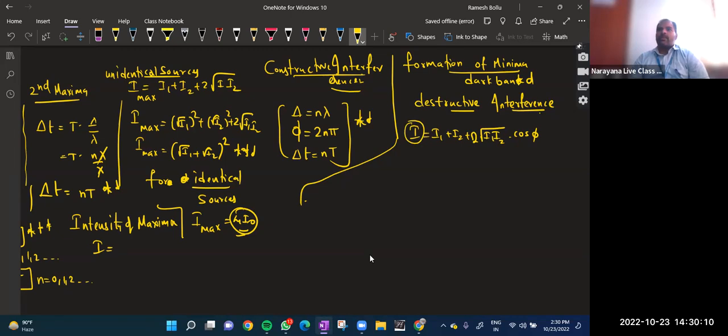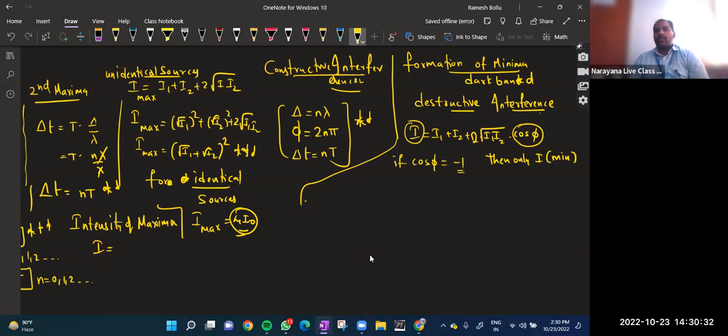When intensity is minimum, cosine pi is minimum. If cosine pi is minimum, meaning -1, don't think 0, then only will the intensity get minimized. Yes or no?